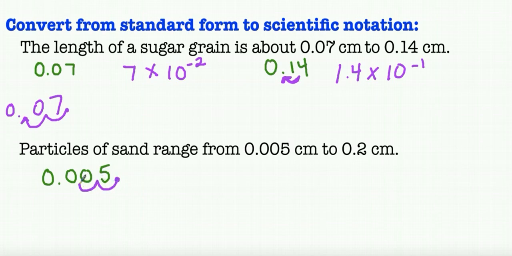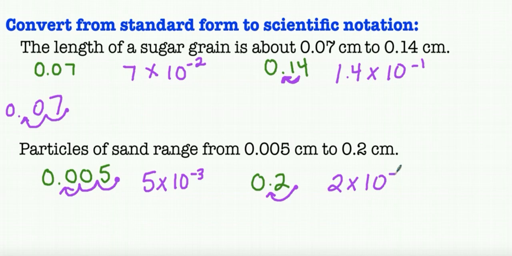So 1, 2, 3. So it's going to be 5 times 10 to the -3rd power. And looking at our second value, we have 2/10. And our decimal would have to go to the right of 2. But if we want to go back to standard form, it would have to go to the left one, making this 2 times 10 to the power of -1.